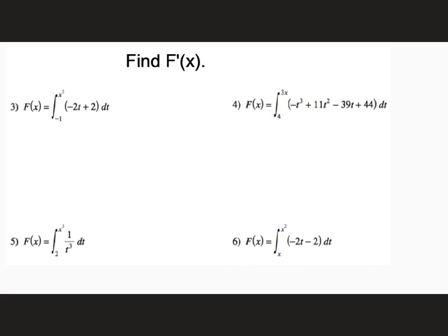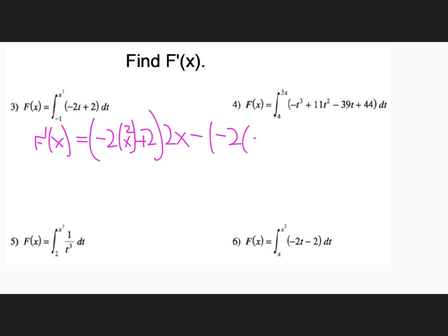Let's see this in action. So f prime of x is going to be negative 2x squared plus 2, parenthesis error, there we go, times 2x minus negative 2 times negative 1 plus 2 times the derivative of 1, which just goes away.